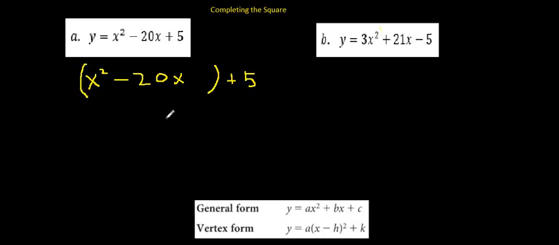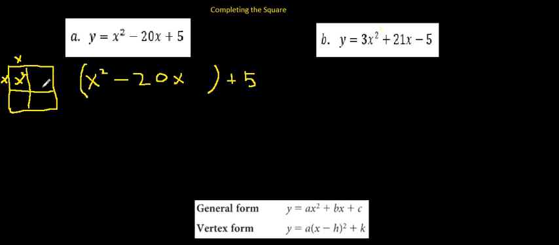Now, to complete the square, if we do a diagram here to show what we're doing visually, assuming that this is a perfect square, x squared would go here, and so we would have x and x there.